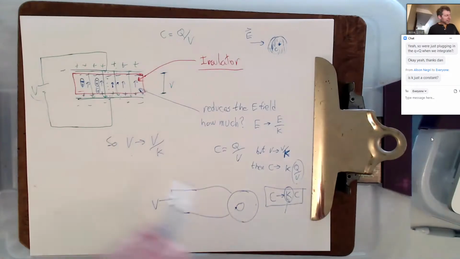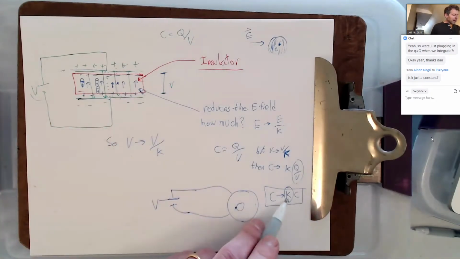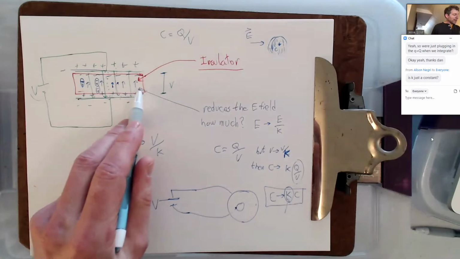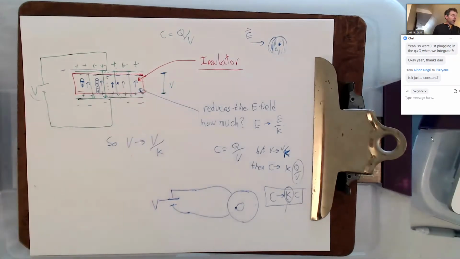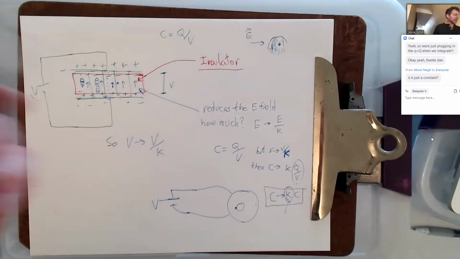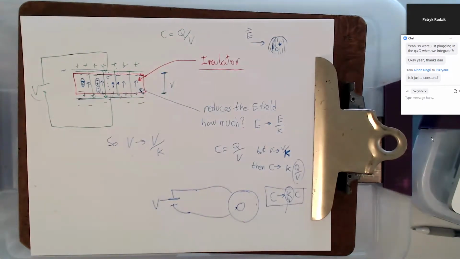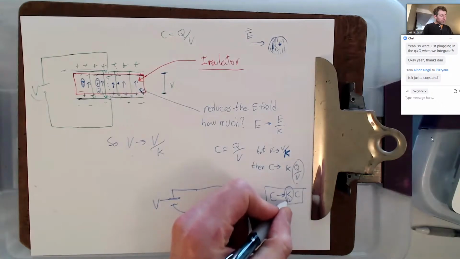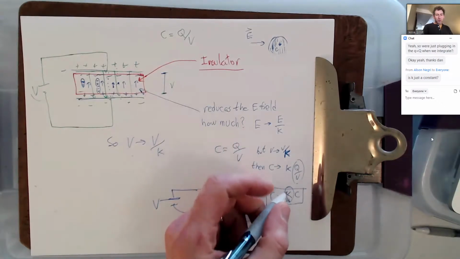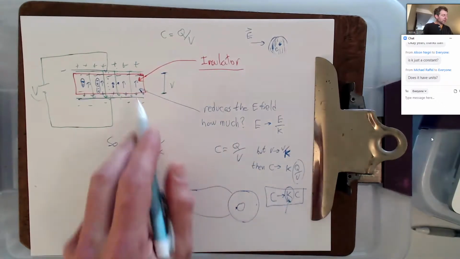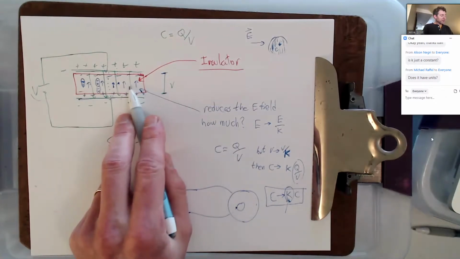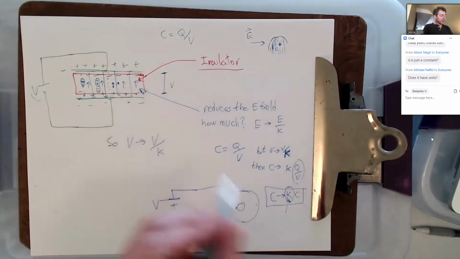So the capacitance goes up by this factor of K. Yes, Allison, this is a constant, not a constant of nature, but a constant of the material. Water and plastic and different kinds of plastics all have different values. It's not the same K that we use in Coulomb's law. That's a good point. This is not K from Coulomb's law. This is just K for dielectric constant, which depends on the material.